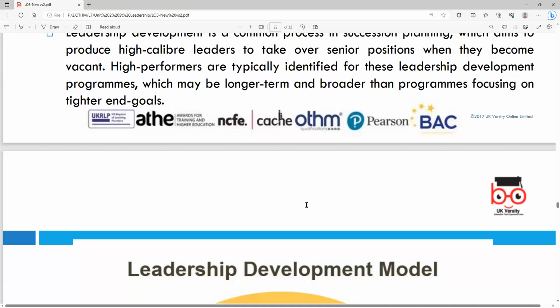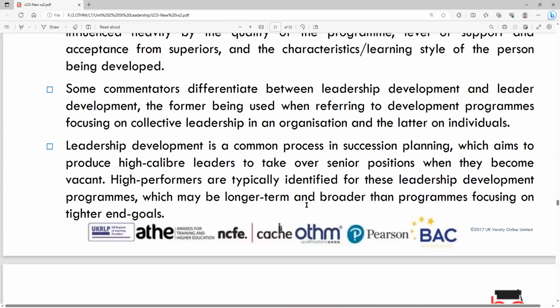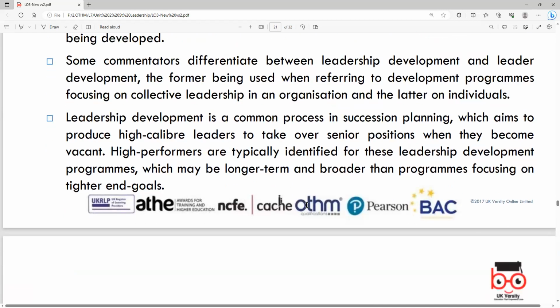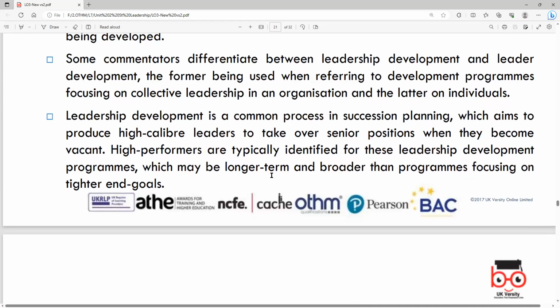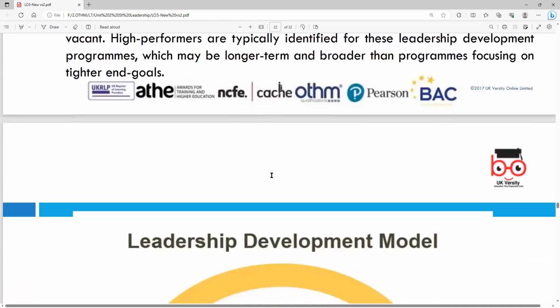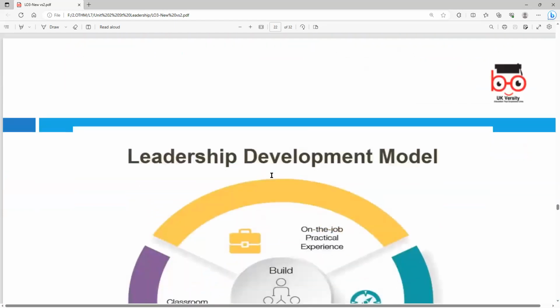Competent individuals are fine, but it develops the organization as a whole. So programs are very much geared towards achieving long-term goals rather than shorter terms.